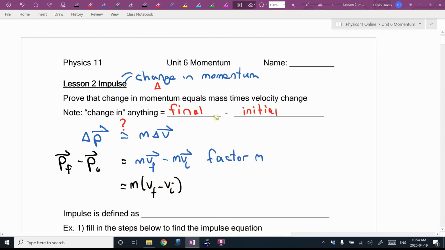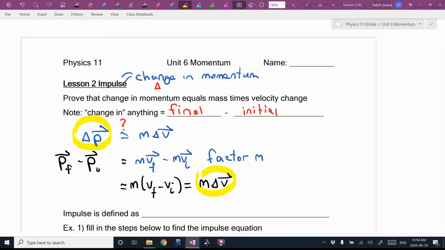And since final minus initial is change in, this is m delta v. And I've proved what I wanted to. I started with this, and I ended here. So the change in momentum is equal to the mass times the change in velocity.